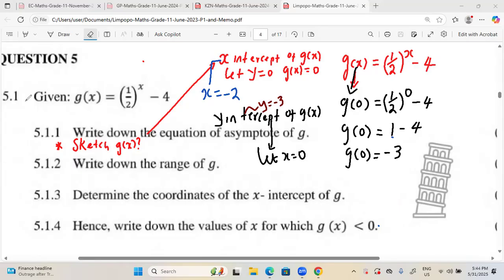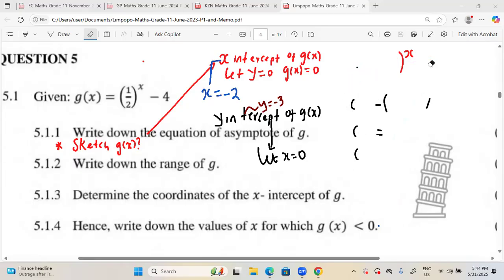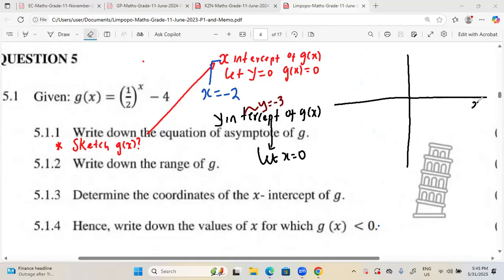Okay, so I have the x-intercept, I have the y-intercept. I think I will be able to sketch the graph now. So let me sketch the graph. I have the y-axis, I have the x-axis. What is my x-intercept? It is -2.